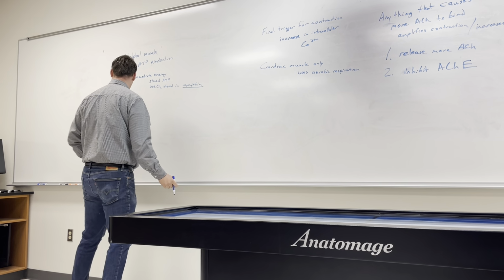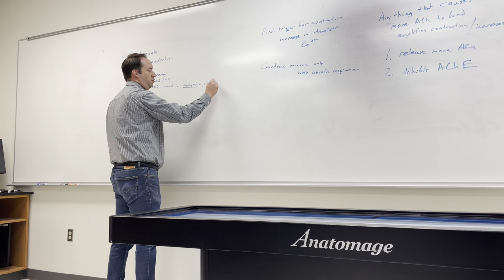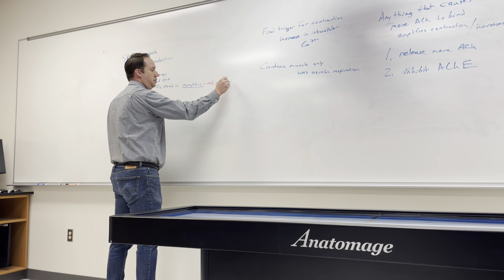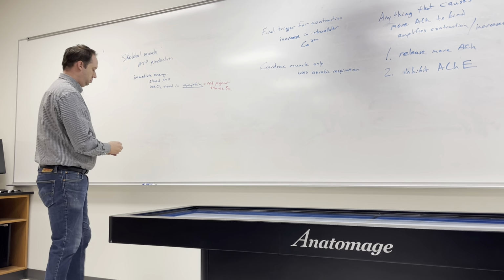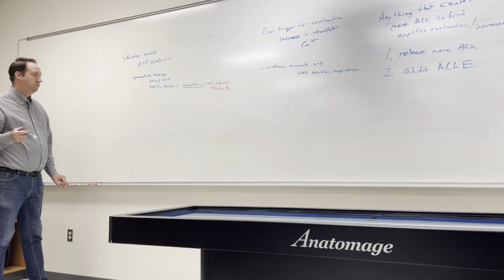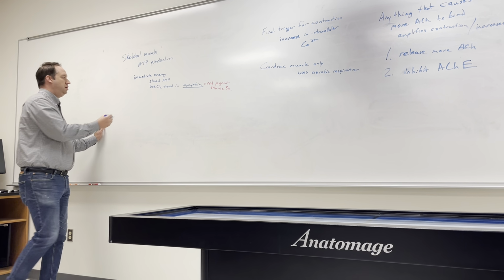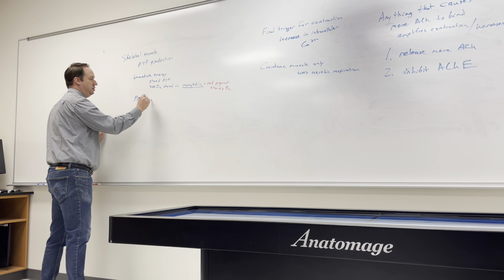Myoglobin, a red pigment, stores oxygen. That buys enough time for our phosphagen system to kick in.